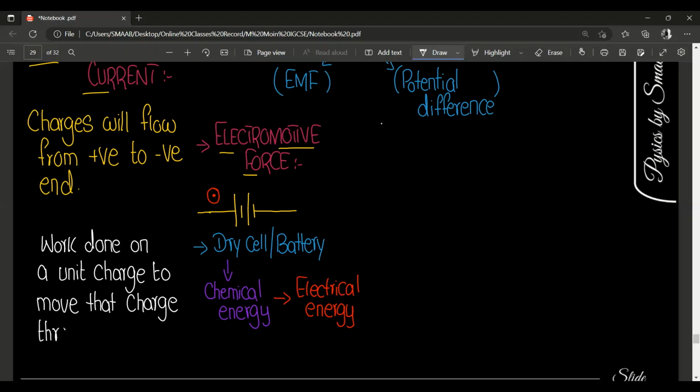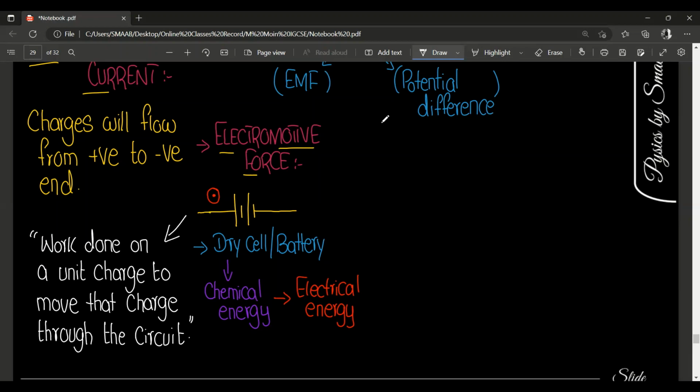Because we first calculate for a single charge, then we can multiply by the number of charges that we are going to calculate. So that's why we first discuss a unit charge, then we can multiply according to our requirements, right? So this is the definition of EMF.